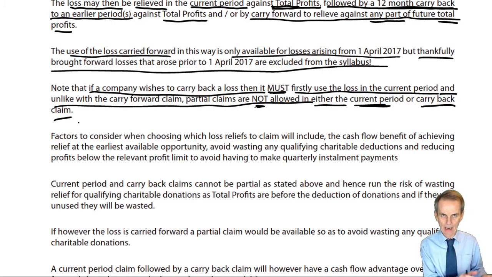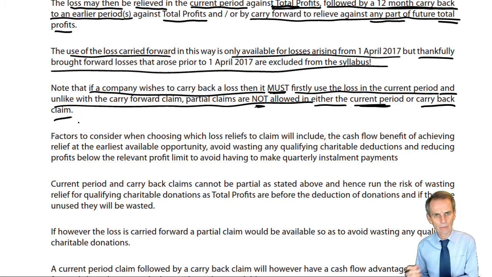Current and carry back against total profits in full, no partial claim. If those losses take out those total profits, then there is nothing left for the donations, if there were qualifying charitable donations paid. There's nothing to deduct them from, and therefore the use of them is lost. They are wasted.